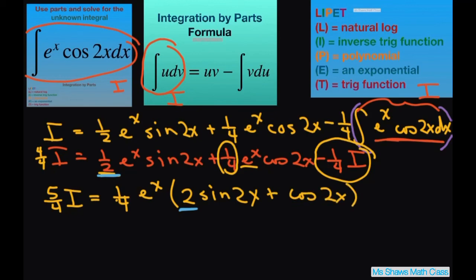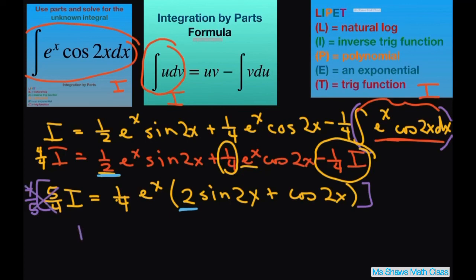All right. Now, all I have to do is multiply through by 4/5. So I multiply both sides of the equation by 4/5. This is going to cancel here.